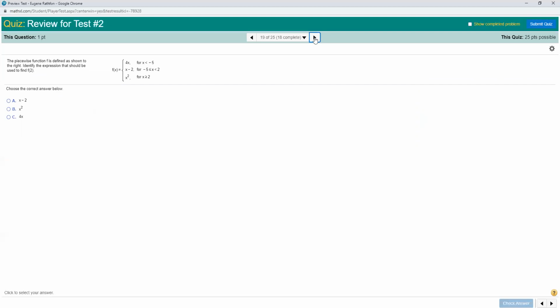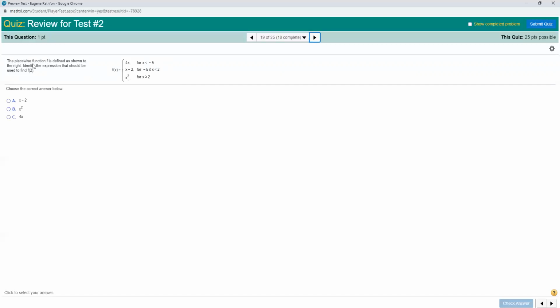All right, so this one's not bad. They're giving you a piecewise function. F of x will equal 4x if your x is less than -5. F of x will equal x plus 2 if your x is between -5 and less than 2. And it'll equal x squared for any x's greater than or equal to 2, right?